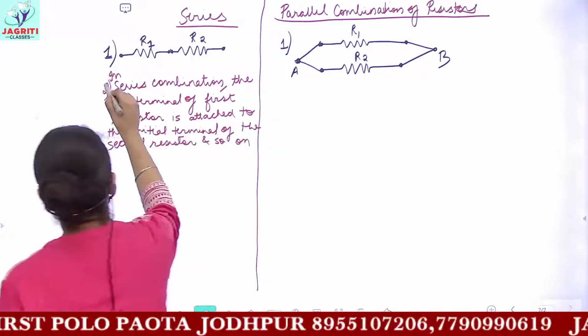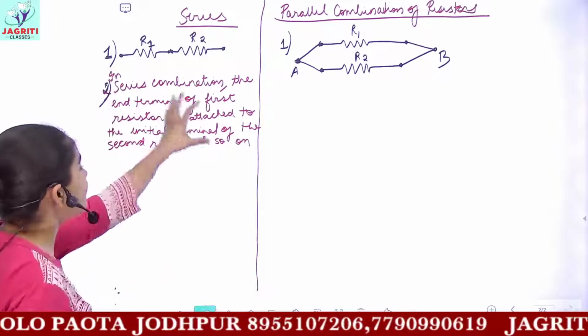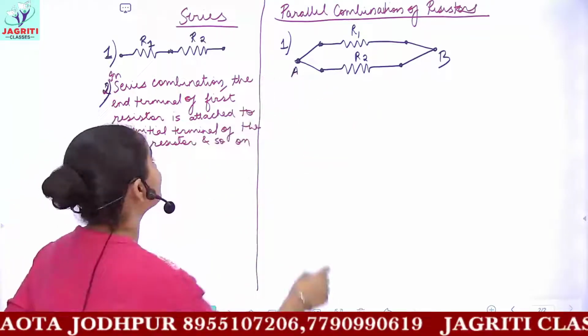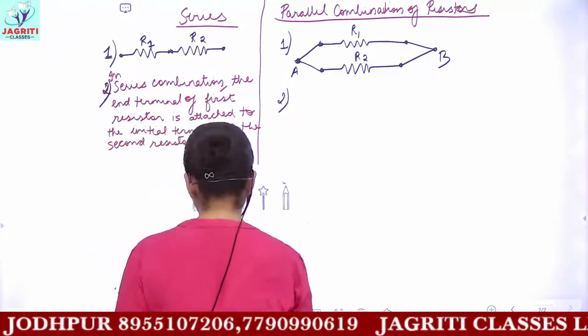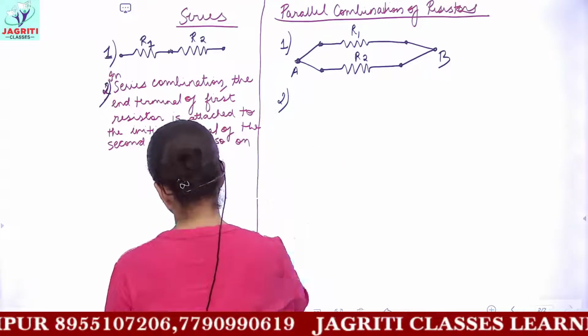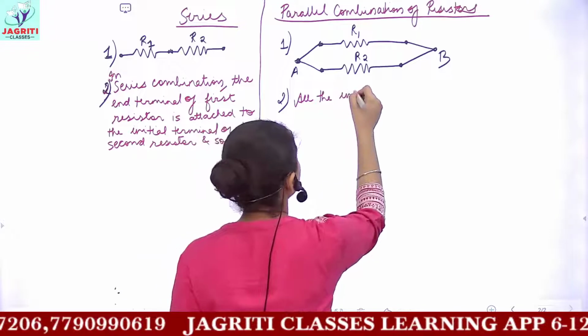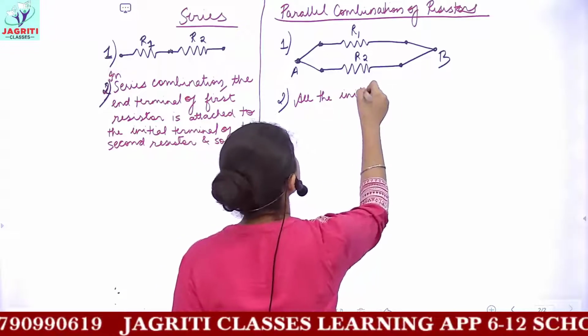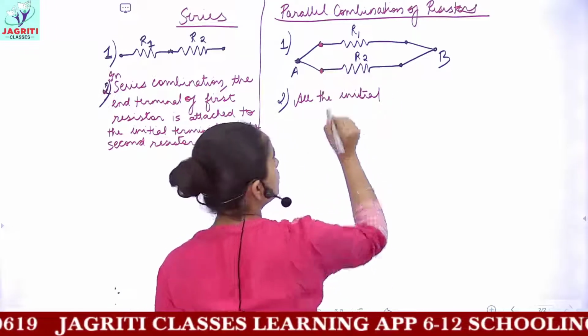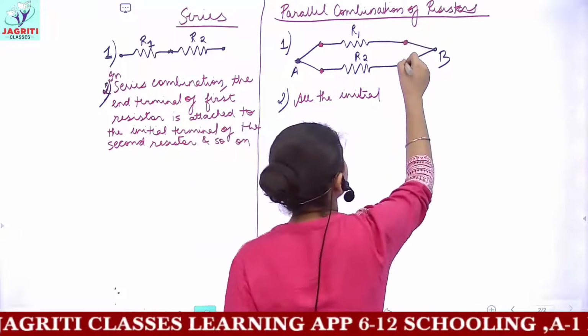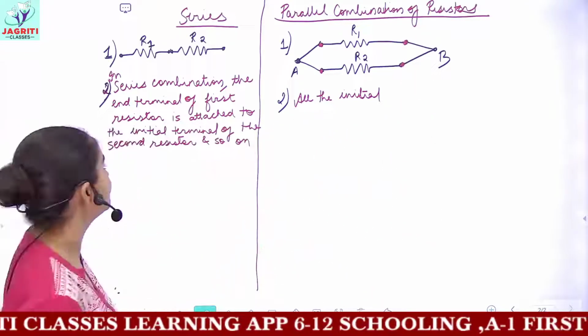And the next point, likewise we wrote for series, how can you define parallel combination? For parallel combination you can write: all the initial terminals, meaning starting points, these are the initial terminals, these are the last end points, okay?